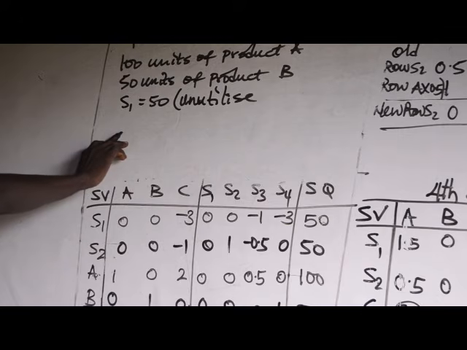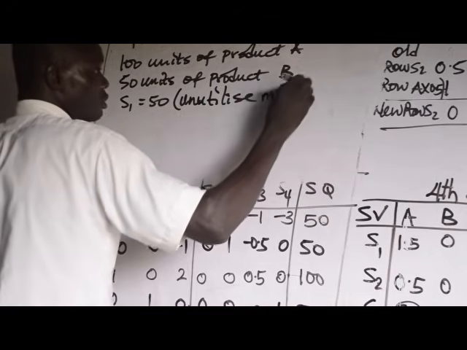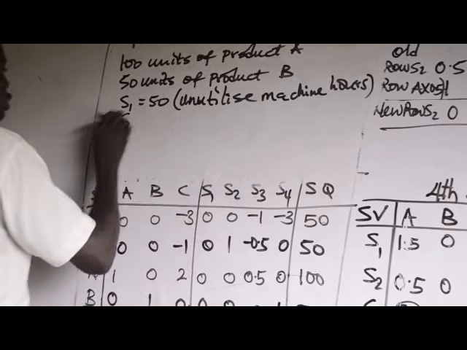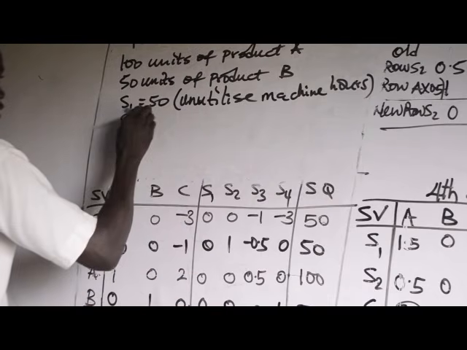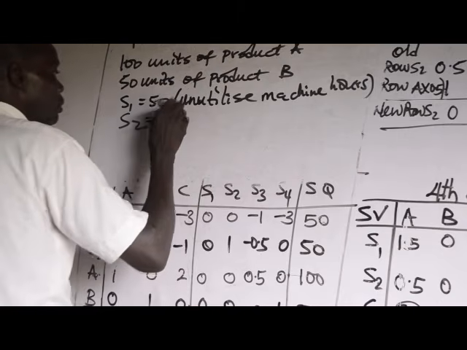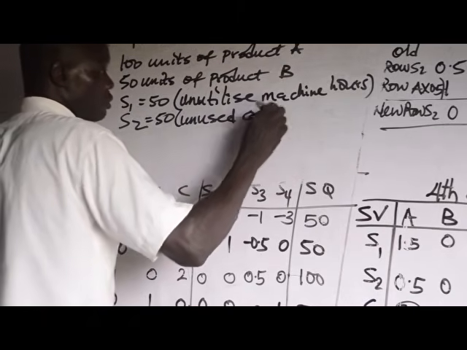If you go back to the question, S1 is unused machine hours. Then S2 is also 50, and S2 represents the unused component.